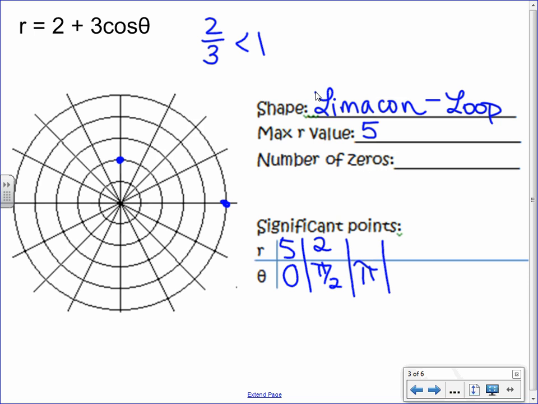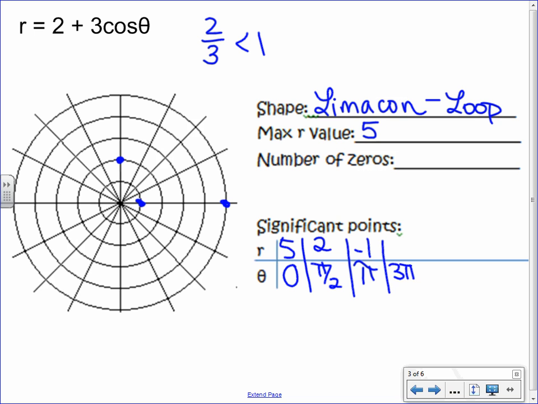What's the cosine of pi? -1. So we have 2 minus 3. Okay? So where is that? Here's pi, right? And we have to go backwards 1. Ah, that's where our loop is. Very good.